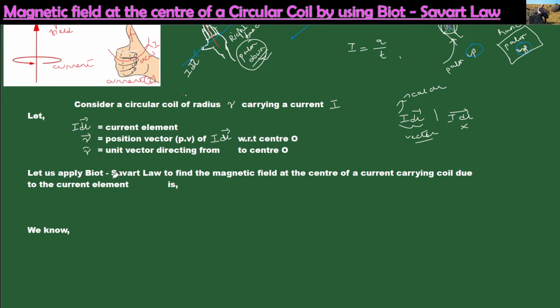We will apply Biot-Savart's law to find the magnetic field at the center O due to the current element I dl. So dB bar will be equal to mu naught divided by 4 pi, I dl bar cross r bar, divided by r cube.